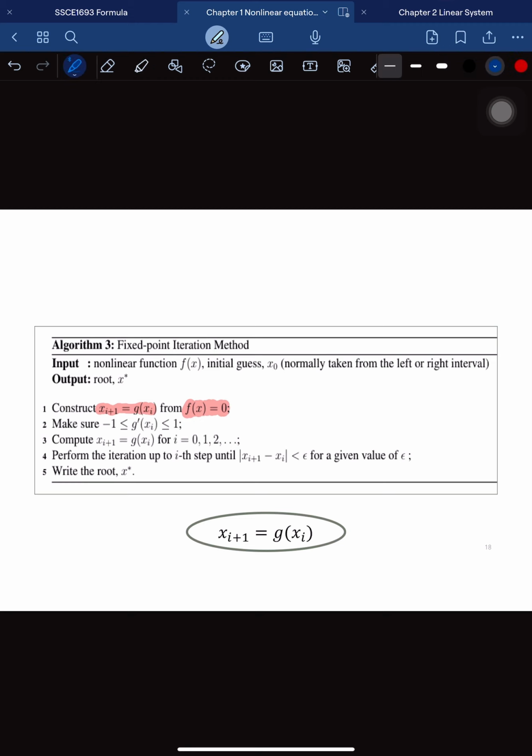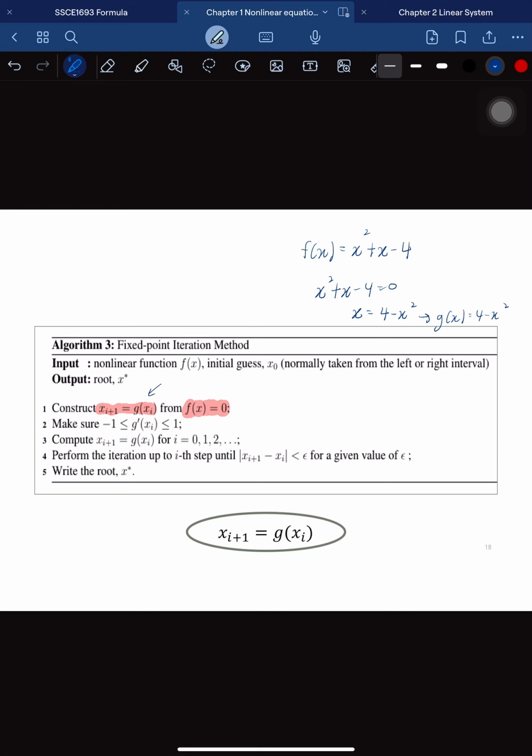For example, you have f(x) equal to x squared plus x minus 4 equal to 0. So you have to make x the subject. Your first choice is x equals 4 minus x squared. So g(x) is equal to 4 minus x squared.